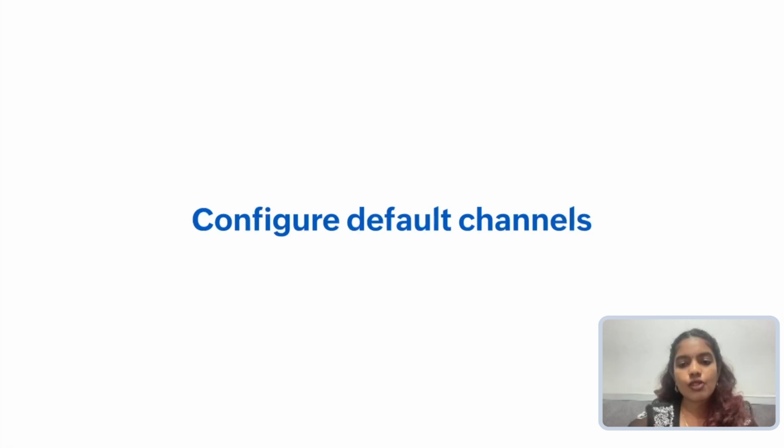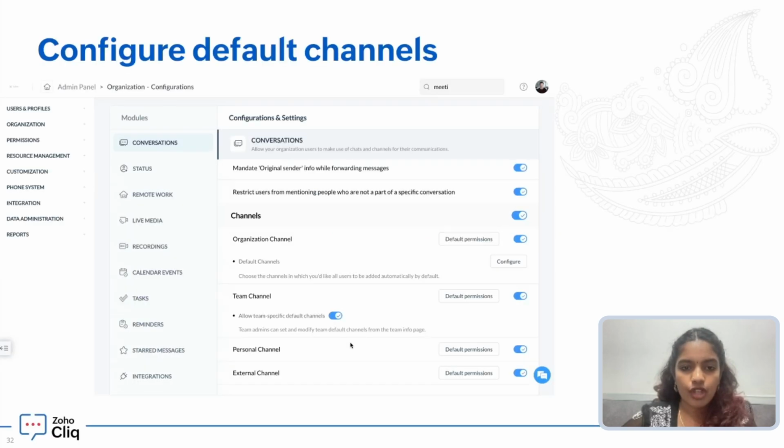So, this leads to a smoother transition and quicker integration into the team. Second, default channels help maintain a unified flow of information across the organization, ensuring everyone is on the same page from day one.